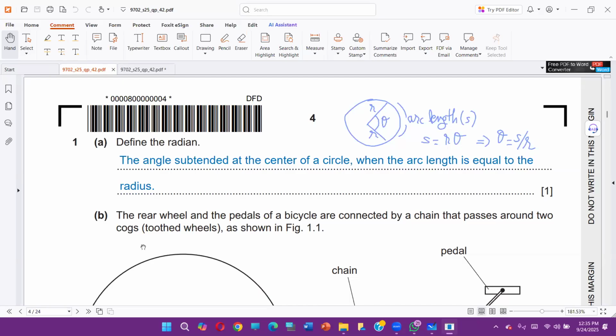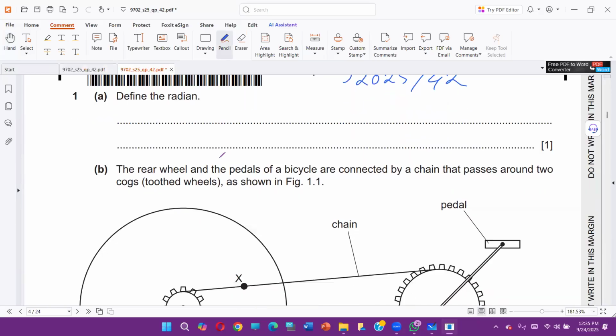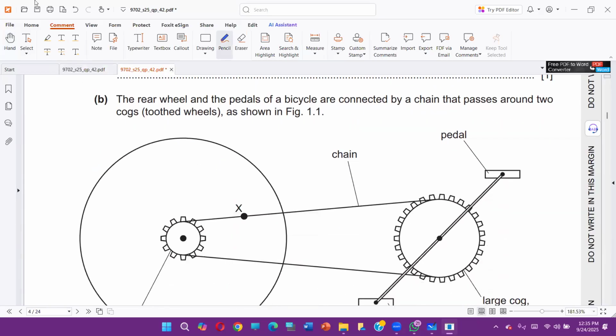Why am I doing this question? This question was very much criticized and objected to, as too complicated. It helps if you have experience of using a regular chain bicycle, and especially of managing the chain of the bicycle in your childhood. So this question was difficult for many people. The rear wheel and the pedals of a bicycle are connected by a chain that passes around two cogs, toothed wheels, as shown.